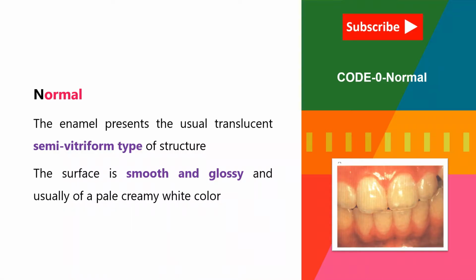Now we will start with the classification. The first code of the 6-point classification is code 0, that stands for normal. Here he defined normal as the enamel presents the usual translucent semi-vitreous type of structure. The surface is smooth and glossy and usually of pale creamy white color.